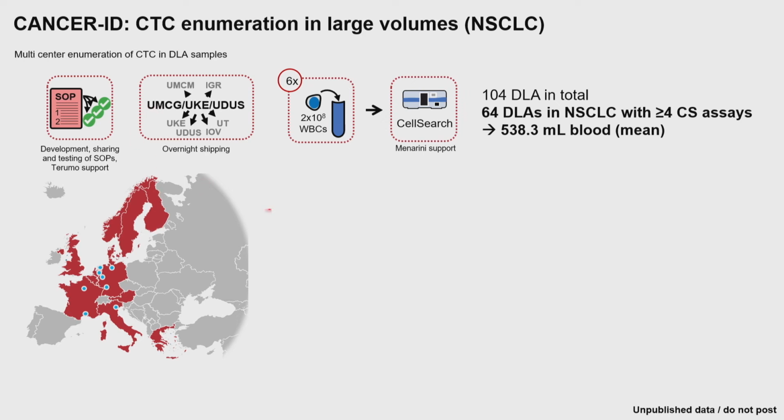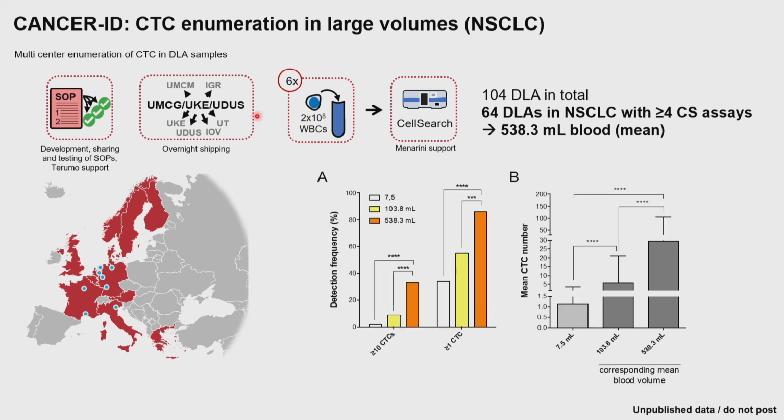And here we actually had a teamwork where 6 analytical sites independently did a CellSearch assay on such a DLA product. And what we could see here was that we indeed have a significant increase of the detection frequency, but also of the CTC numbers, the more we increase the analyzed blood volume.